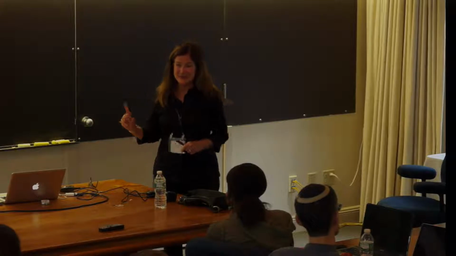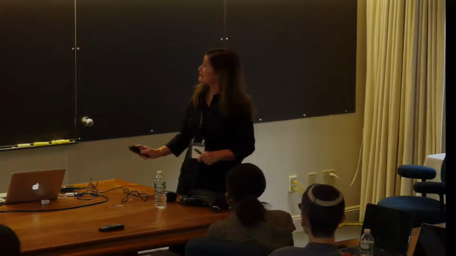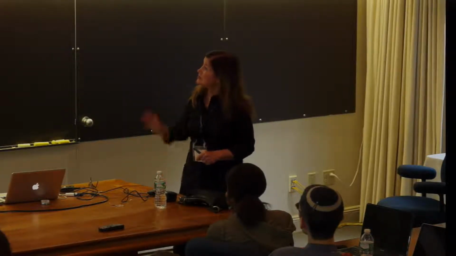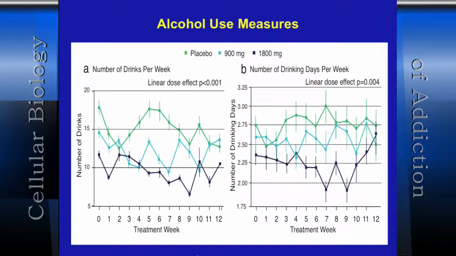So this group started with 3 days of abstinence. And when you look at the weekly measures of drinks per week or number of heavy drinking days per week, you do still see the linear dose effect. And here you get a really good look at the variability, but then you appreciate, when you see this, that there are people who are drinking or having a heavy drinking day.